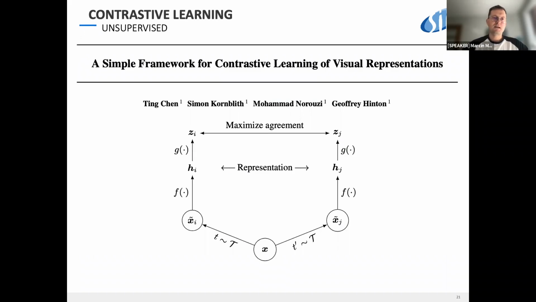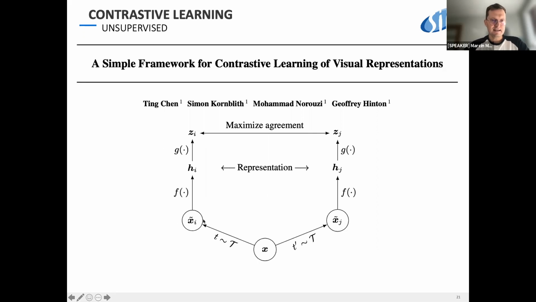For example, we could follow the framework presented in this paper from 2020, where the authors suggest to use augmentation. What they say is that given an example X, we can randomly select some augmentation methods and apply them to X, which results in example Xi. We can do it once again and come up with an example Xj.